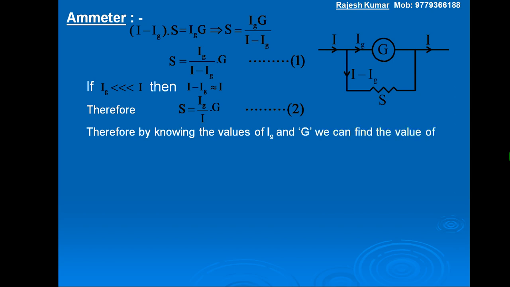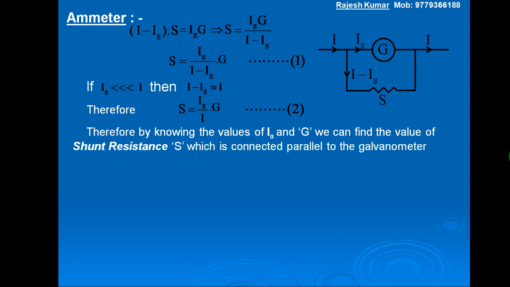Therefore, by knowing the value of Ig and capital G, we can find the value of shunt resistance capital S, which is connected parallel to the galvanometer, to make it ammeter of range 0 to capital I, and I is very much greater than Ig.